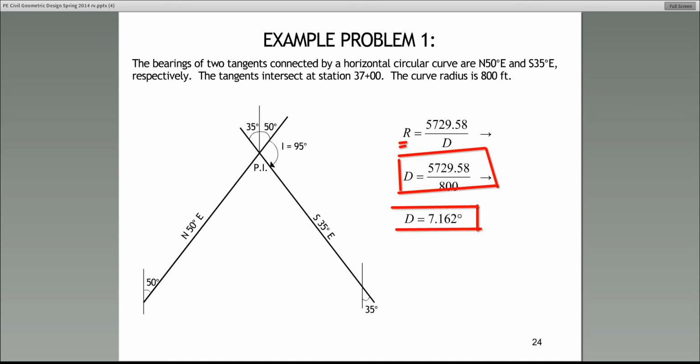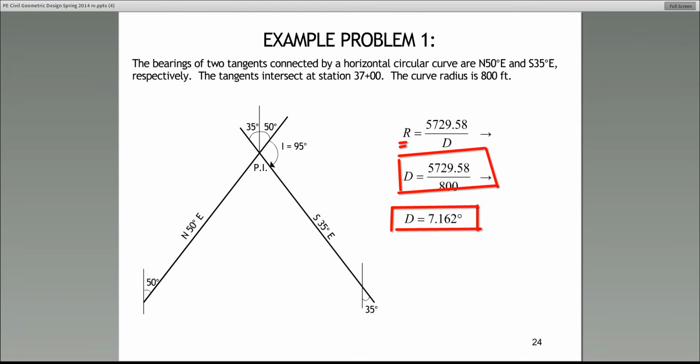Now, a common question here is, how come I'm using the equation for the degree of curvature on the arc basis? Well, unless they specify to use the chord basis, always use the arc basis. So we calculate the degree of curvature.